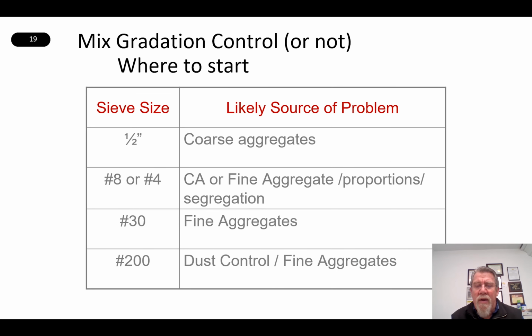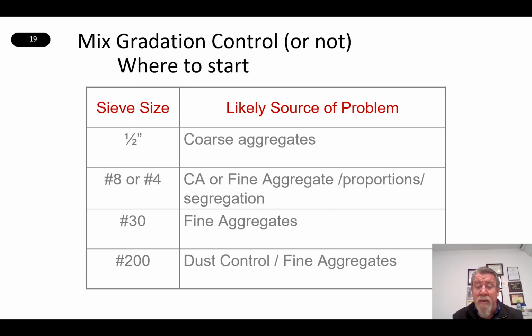Mix gradation control. This slide shows some sieve sizes that you probably ought to start looking at for individual components of your mix. Dealing with coarse aggregates, start with a half-inch sieve. That's a sieve that has a lot of material retained.